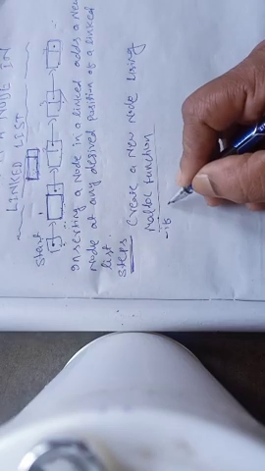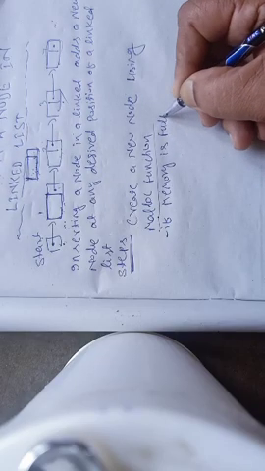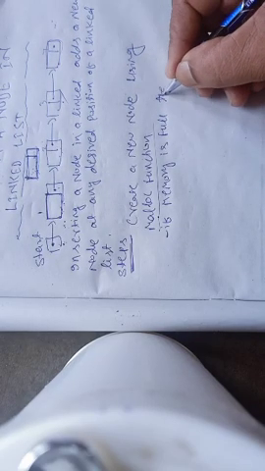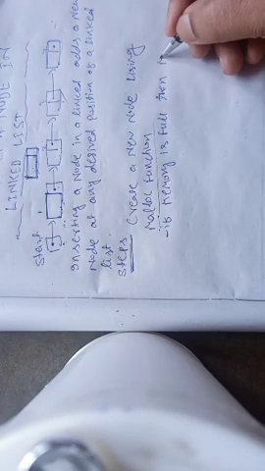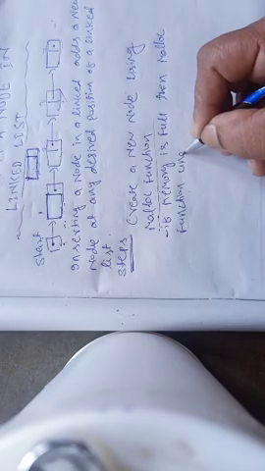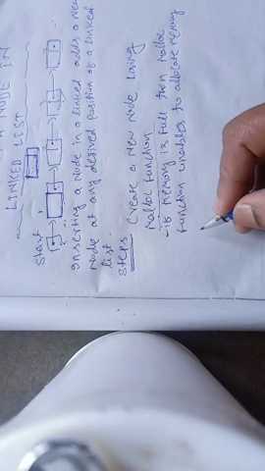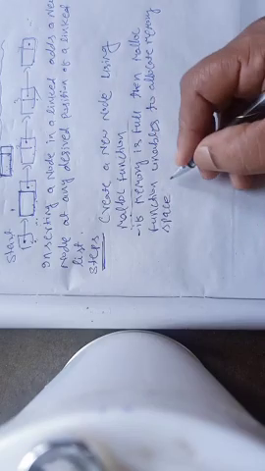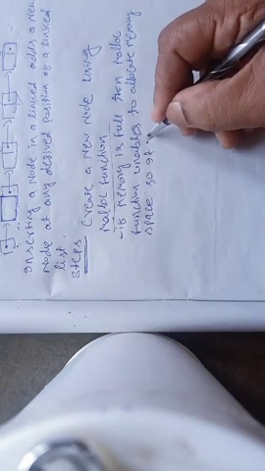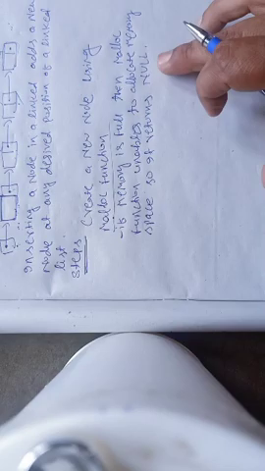Now if memory is full, then the malloc function is unable to allocate memory space. So it returns null. In that case the malloc function could not allocate memory space, so it returns a null value.